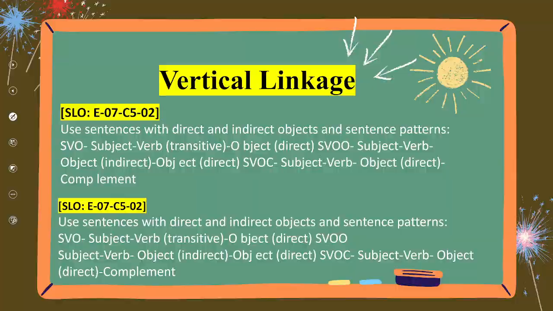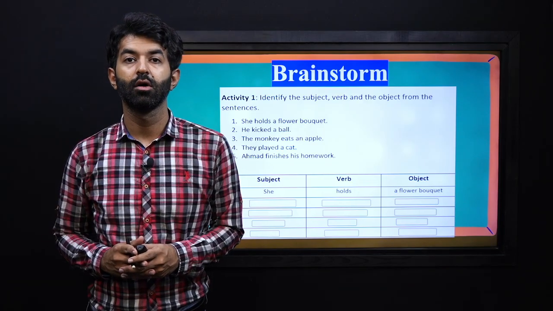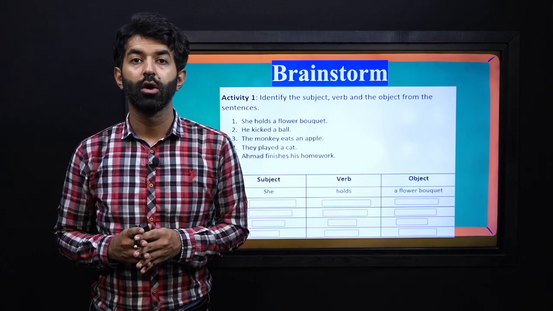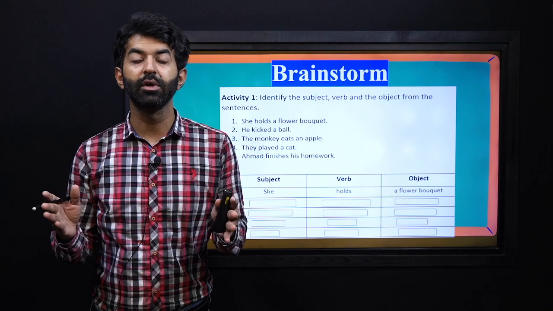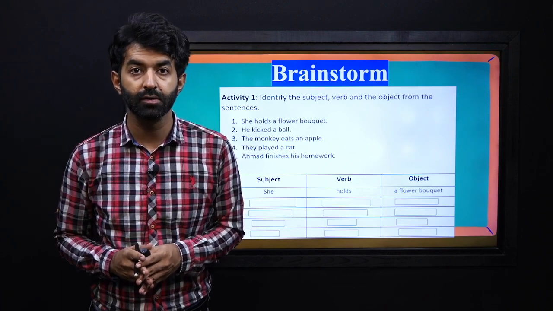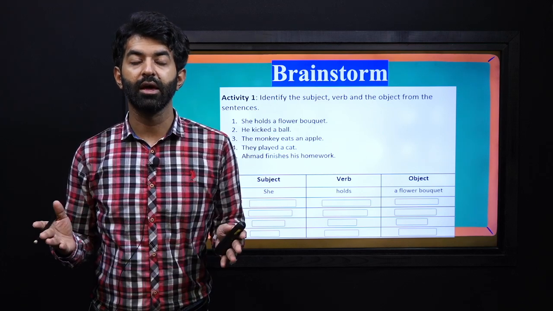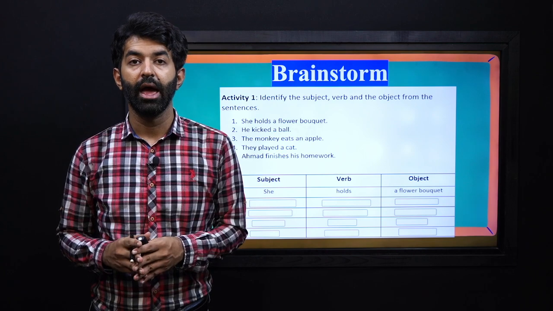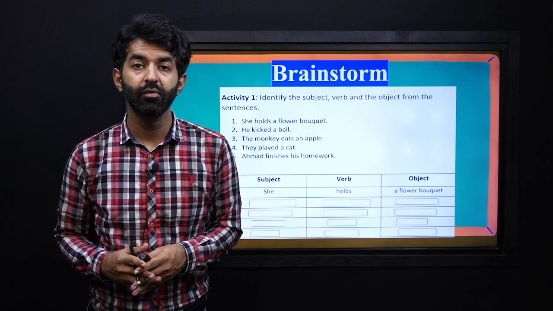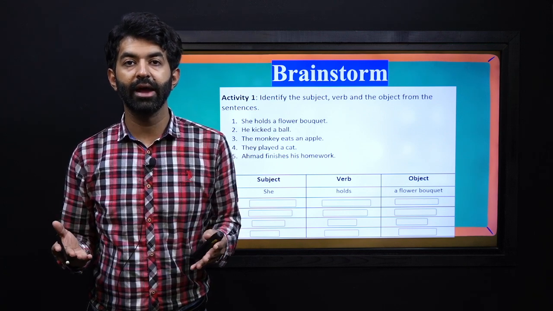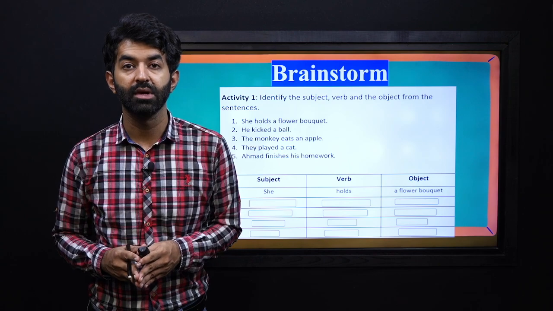Here is your vertical linkage, dear learners, and for the brainstorming session, I would like you to recognize the basic elements that we have in a sentence. We have a subject and a predicate in the sentence. And further, if we divide it, we can find verb, objects, indirect and direct objects, and complements as well.